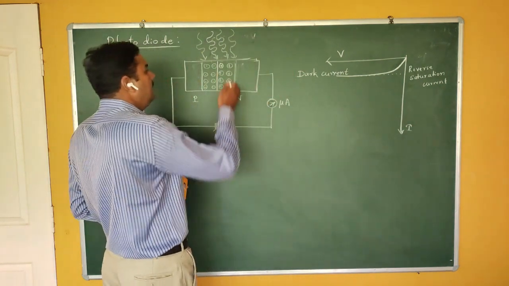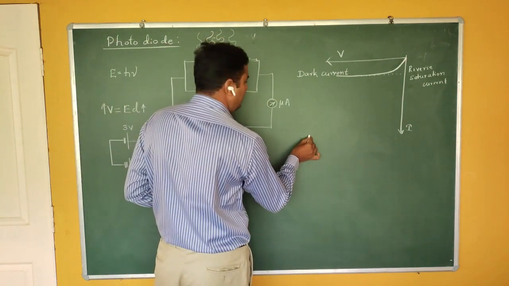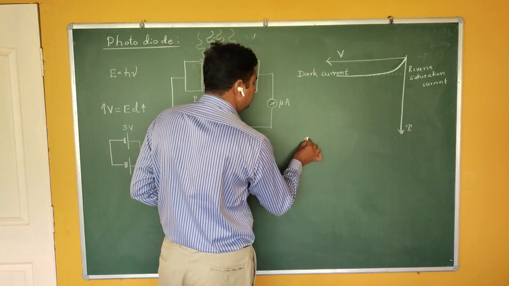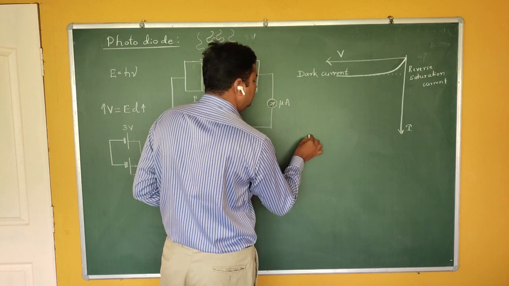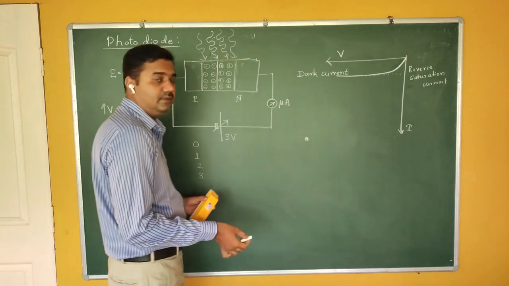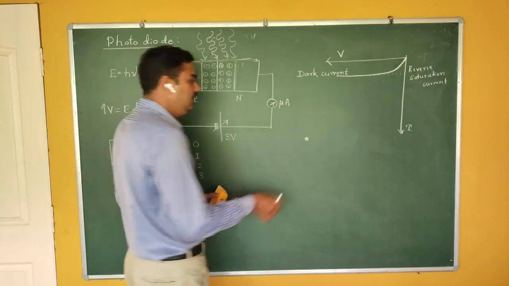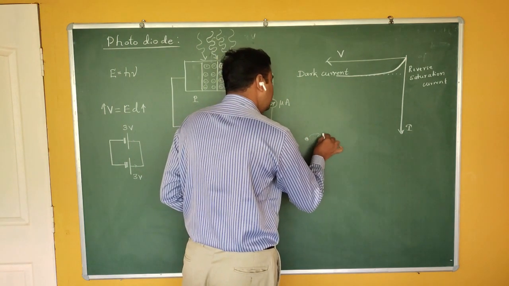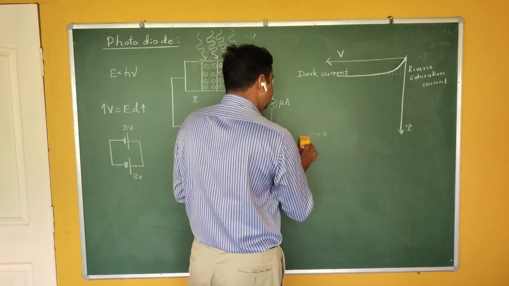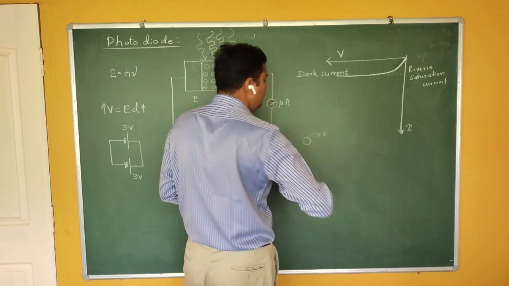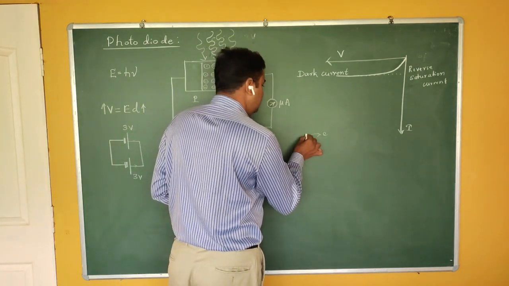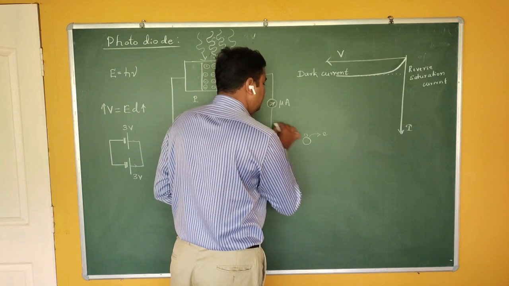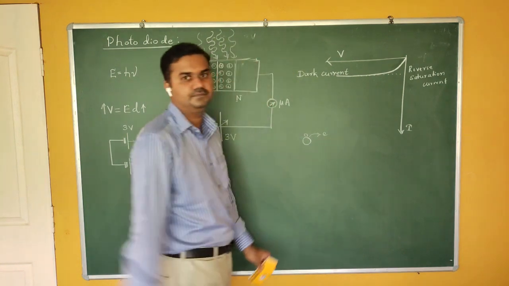If you supply energy to an atom here, if that energy removes an electron, then what happens? As we studied in our earlier classes, it creates a hole.